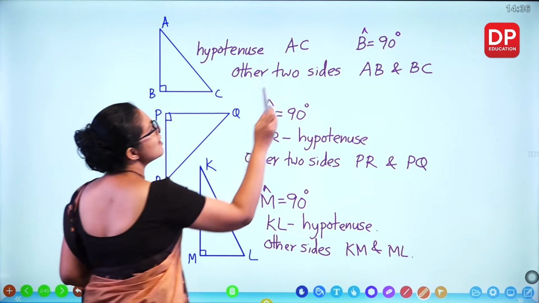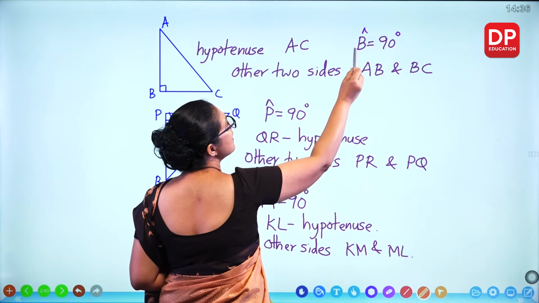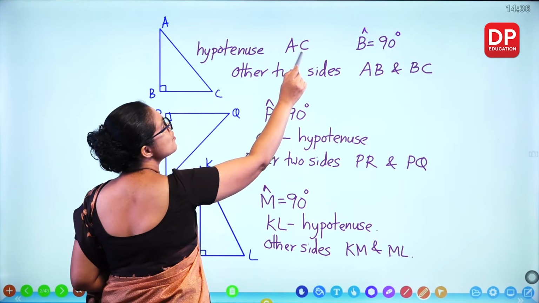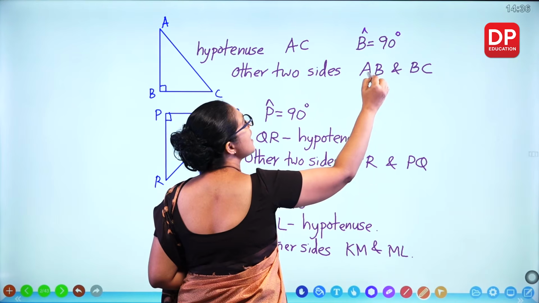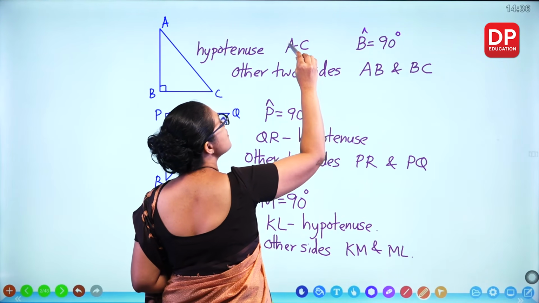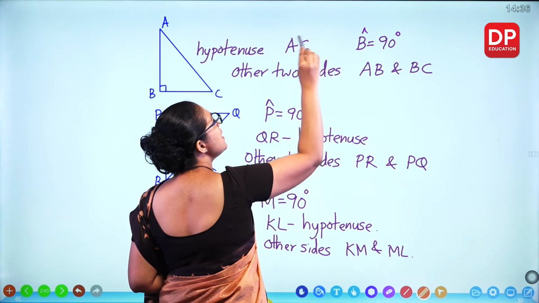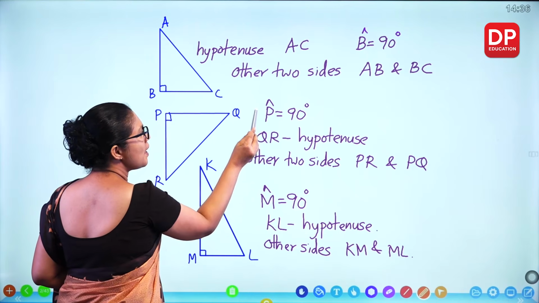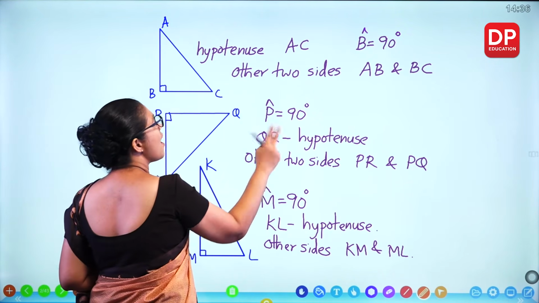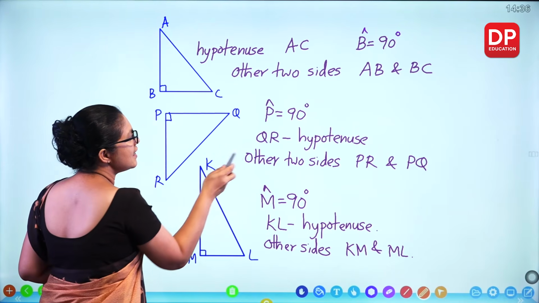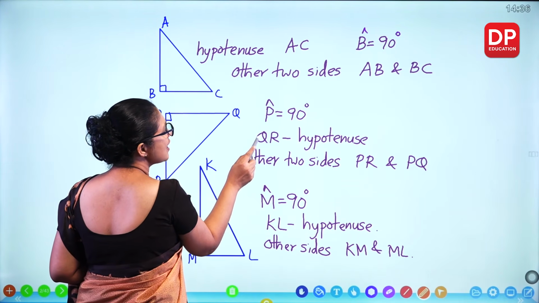Now look at B angle. For the hypotenuse, the letter B is not there. For the two sides, starting from here, AB, BC. Look at this one, P angle is 90. Then what's the hypotenuse? QR, without the P letter. Then what are the other two sides?